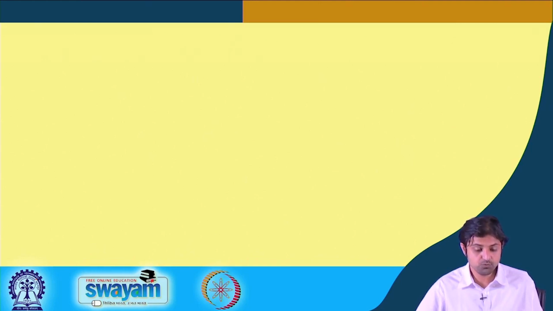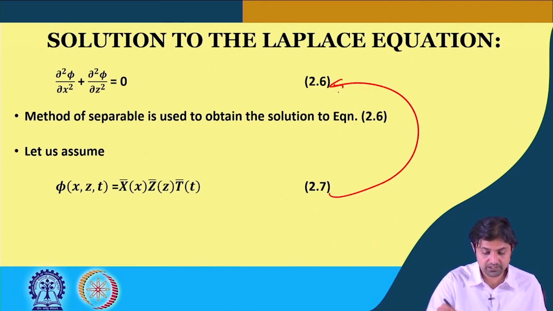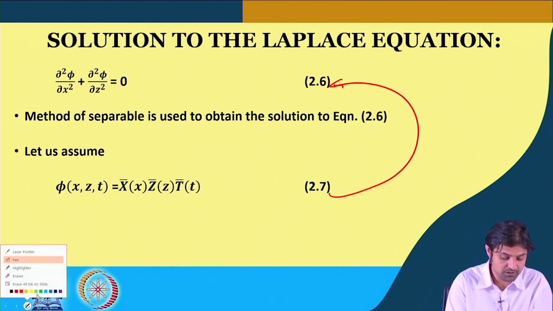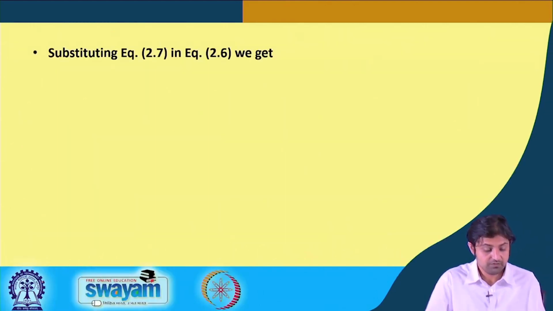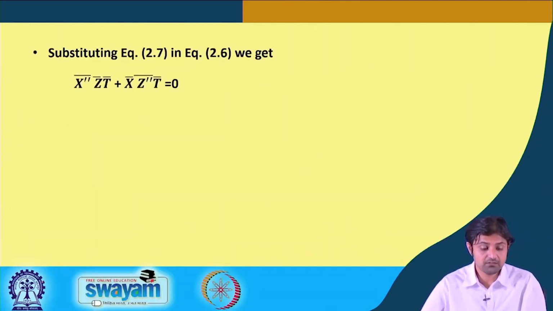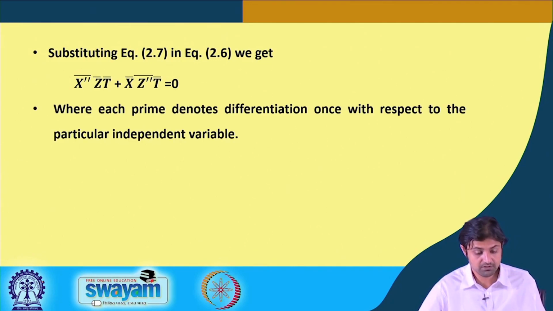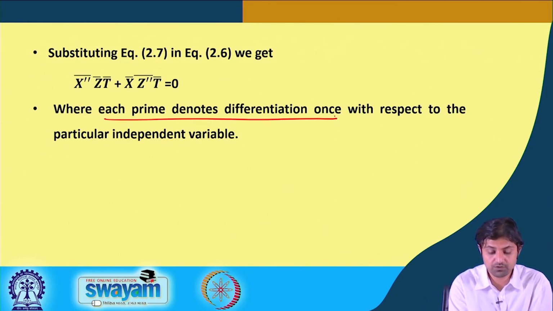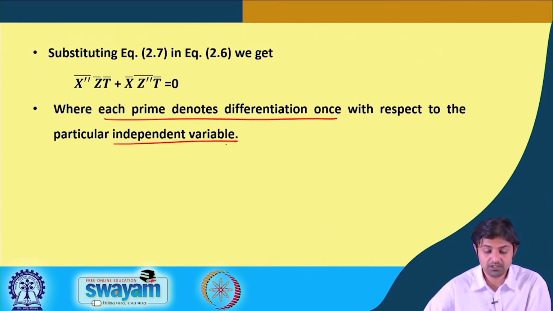Now, if we substitute equation 2.7 in 2.6, because of the Laplace equation properties, we are able to separate x, z and t using the method of separation of variables. What do we get? We get X double prime bar Z bar T bar plus X bar Z double prime bar T bar is equal to 0. Here each prime denotes differentiation once with respect to the particular independent variable. So, double means double differential.